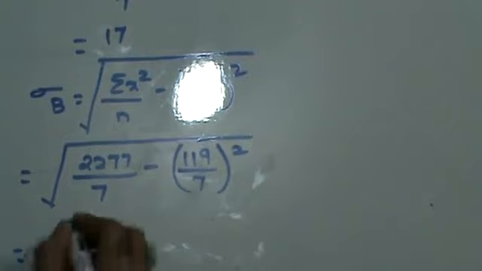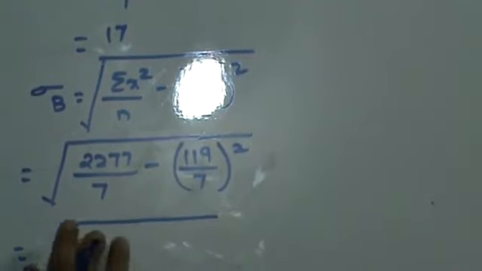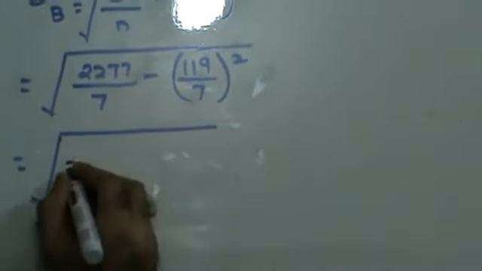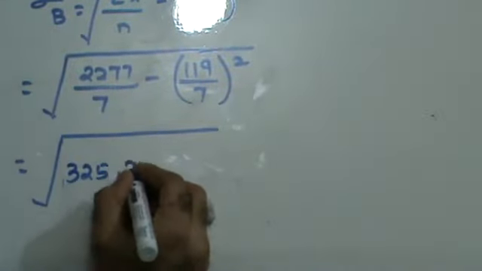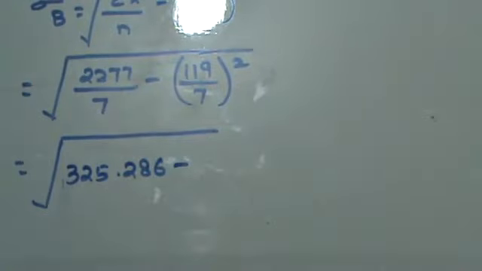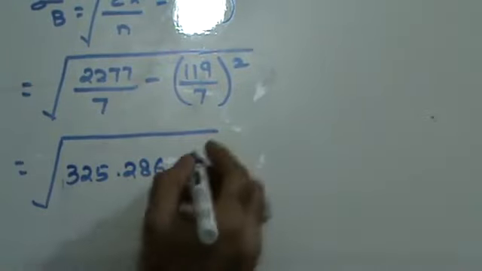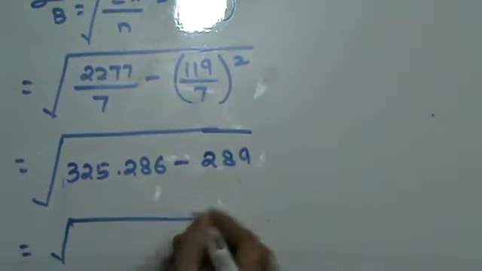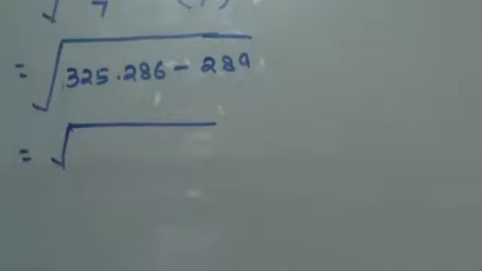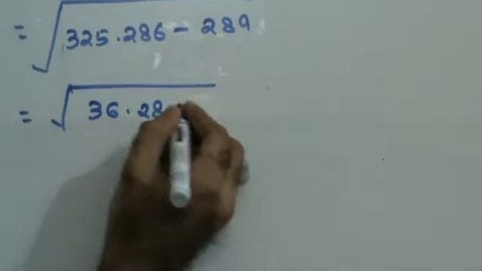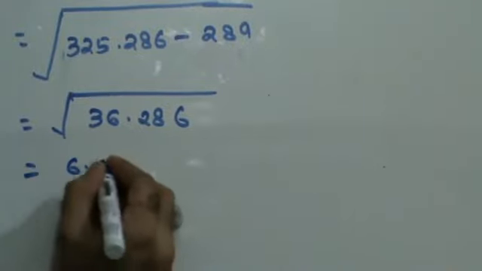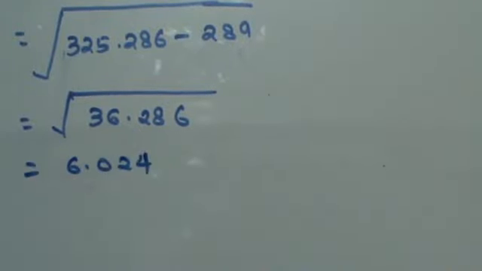So this is going to be square root of 2277 divided by 7, which is 325.286, minus 119 upon 7 is 17, square that, which is 289. When you subtract this, it comes to 36.286, which will work out to 6.024. So you now know the standard deviation for plan B.